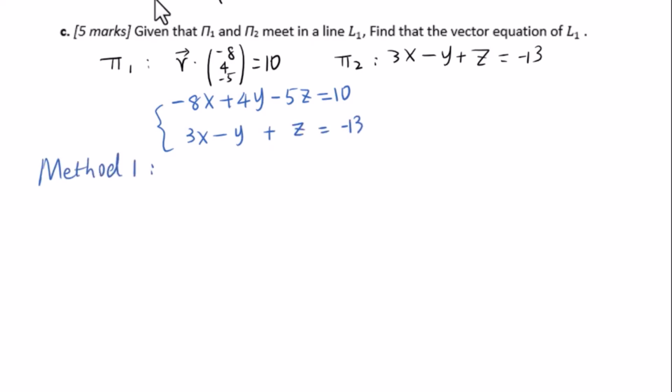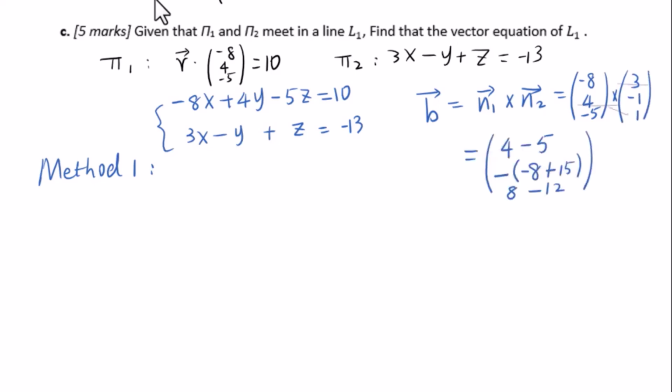Method 1. We will figure out the direction vector equals n1 cross n2. n1 is negative 8, 4, negative 5, cross 3, negative 1, 1. Simplify: negative 1, negative 7, negative 4.